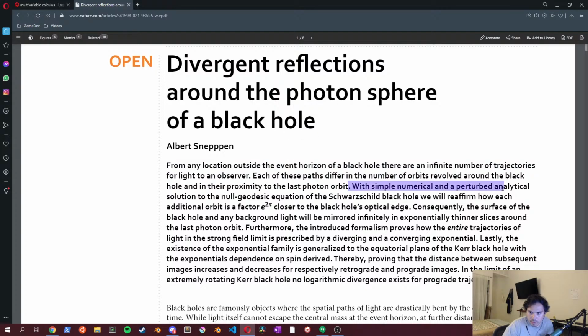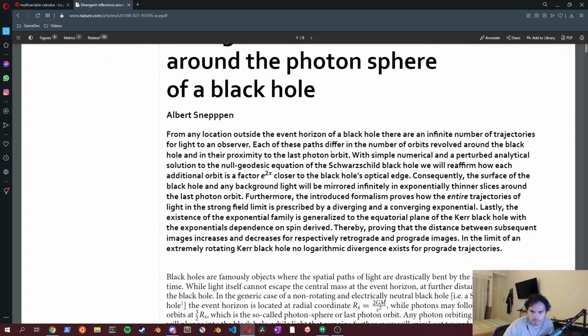With simple numerical and perturbed analytical solutions to the null geodesic equation, we reaffirm how each is a factor of e^(2π) closer to the black hole's optical edge. So I guess this is saying that if you just study the solution of, so in general relativity, you have this equation that tells you how light or anything will move inside of space, given the geometry of that space-time.